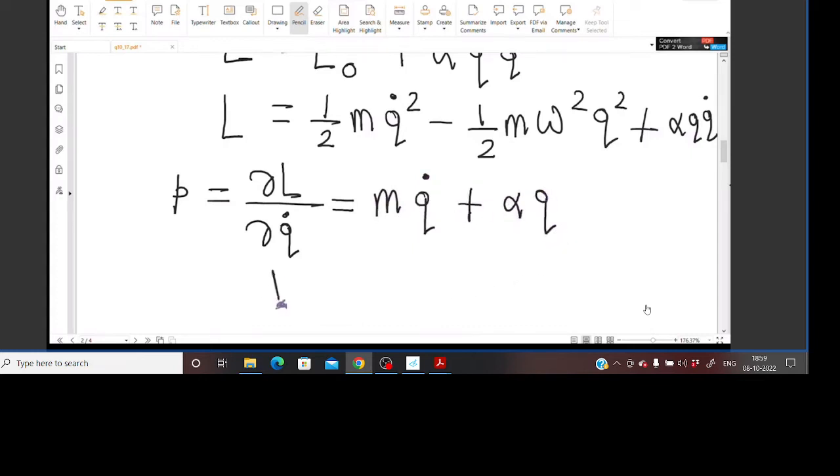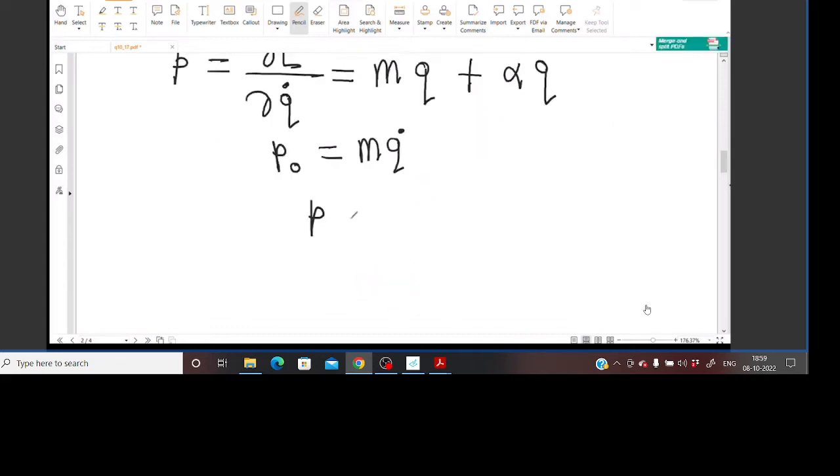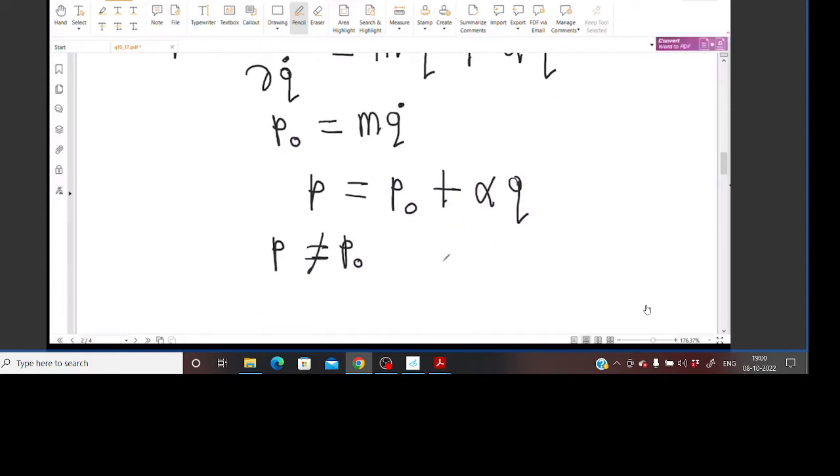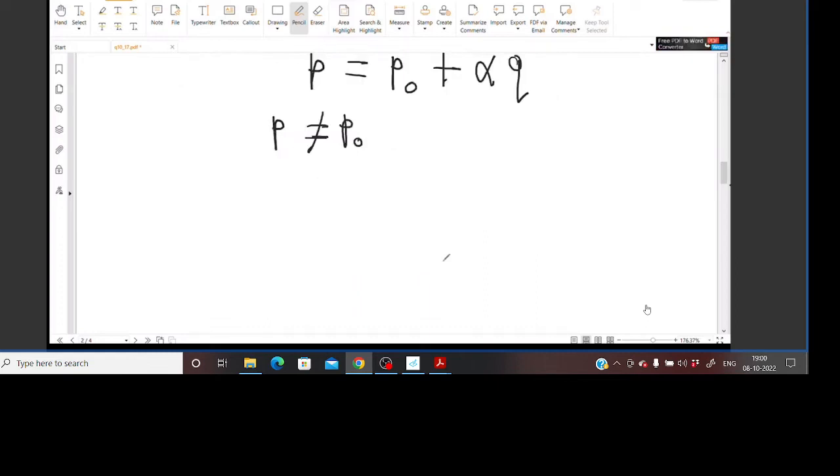And we have seen before that P naught, the canonical momentum when the Lagrangian is L naught, is equal to m q dot. So P equal to P0 plus alpha q. So P is not equal to P naught. It means the canonical momentum does not remain the same when the Lagrangian is changed from L0 to L.